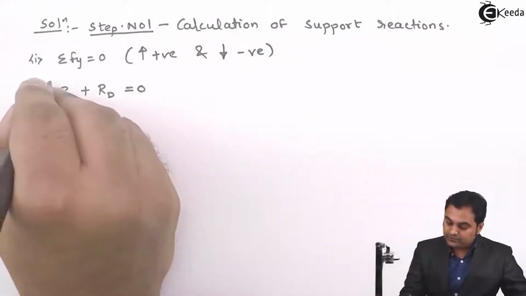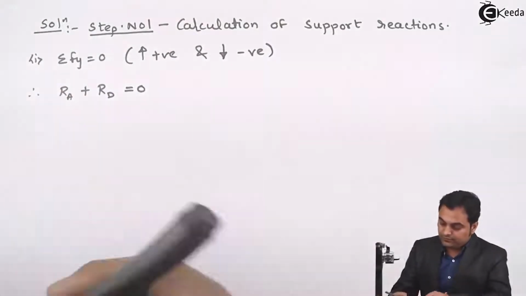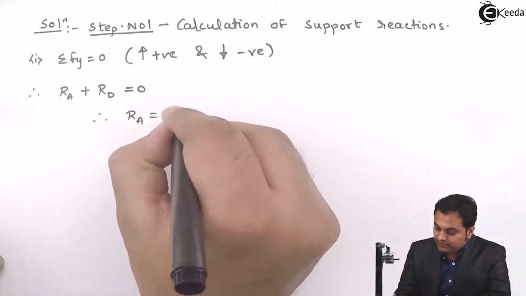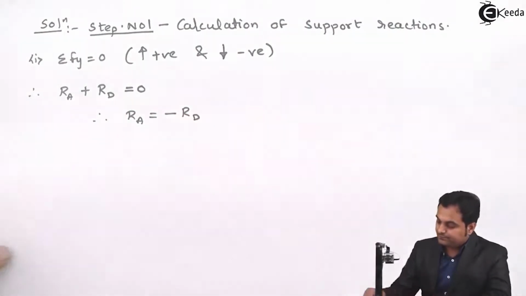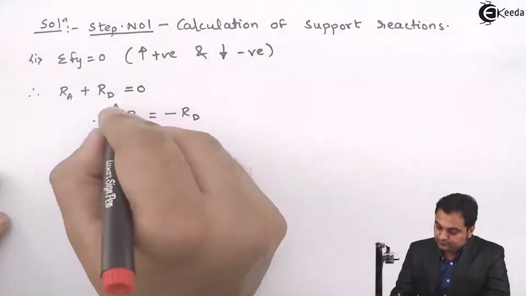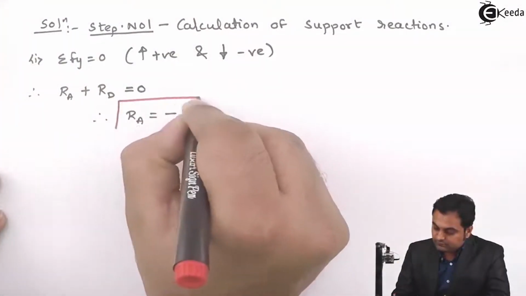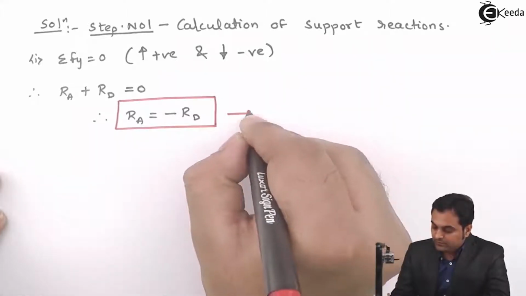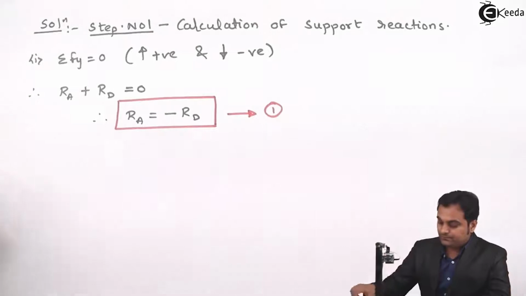No vertical forces. So therefore, Ra will be equal to minus Rd. This will be equation number 1.